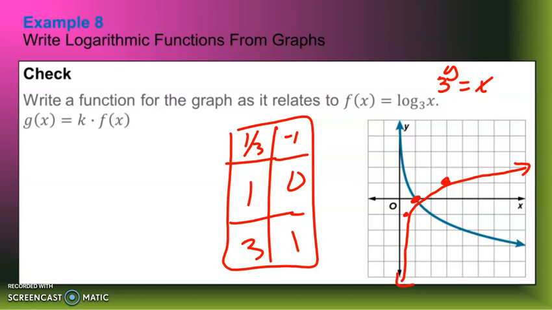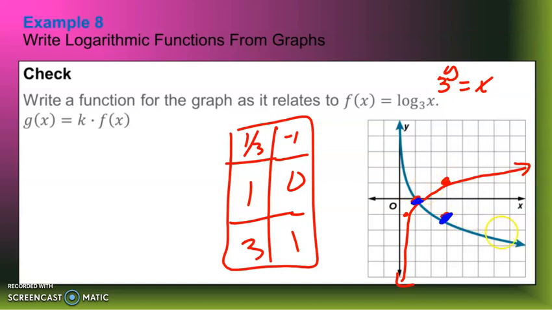The graph that they have here is actually wrong right now, because this should actually be crossing here. So if I make the correction on here, we would have a point here.